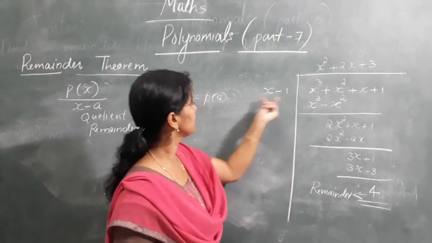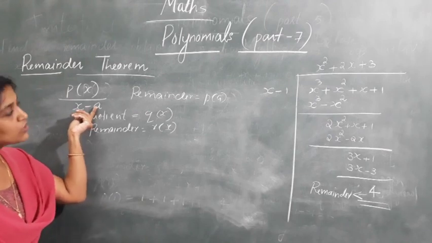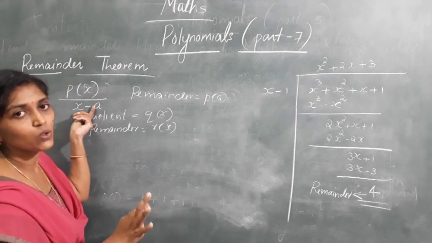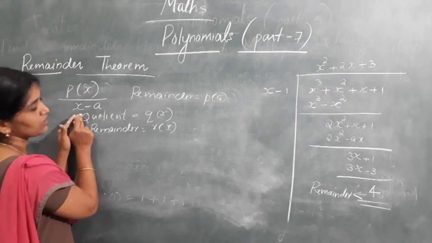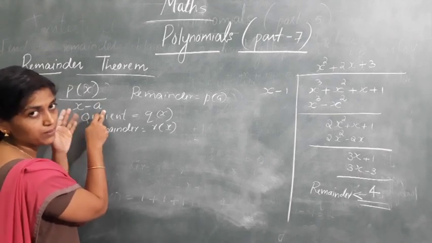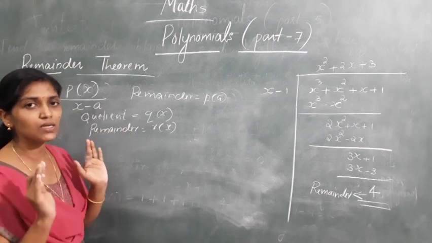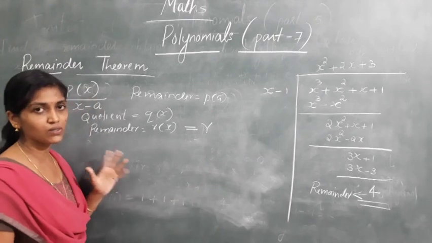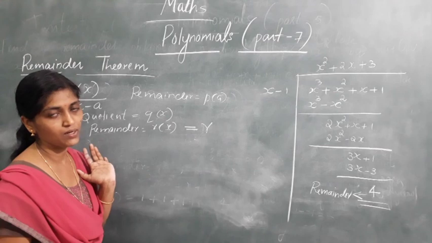Here the degree of the divisor will always be 1, isn't it? So when we do the division, the remainder degree will always be 0, which means that when you divide by a linear polynomial or a binomial like x minus a, the remainder will always be constant. So we can simply take it as some r. It is a constant term. So r of x is not needed because we will not get a variable there.